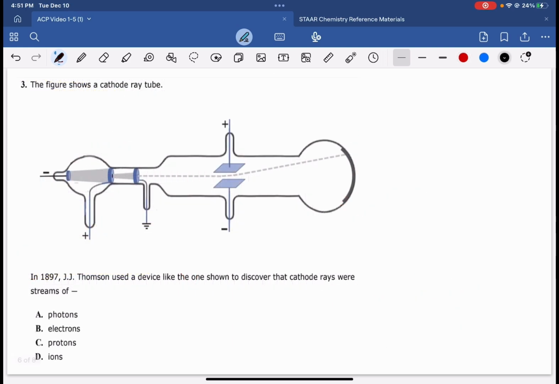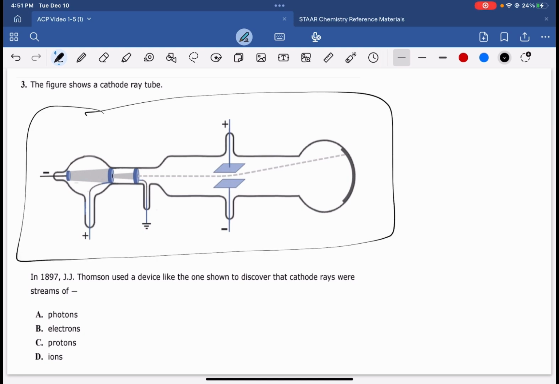Question number 3 says that the figure shows a cathode ray tube. This is your ray tube. It says in 1897, J.J. Thomson used a device like the one shown to discover that cathode rays were streams of photons, electrons, protons, or ions.